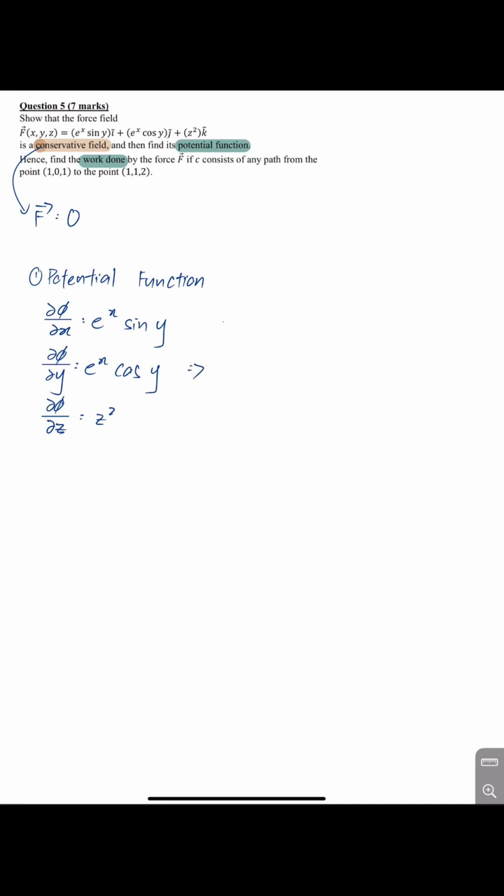So now we will find the potential function. We will integrate what we get from here, then we can get the potential function.